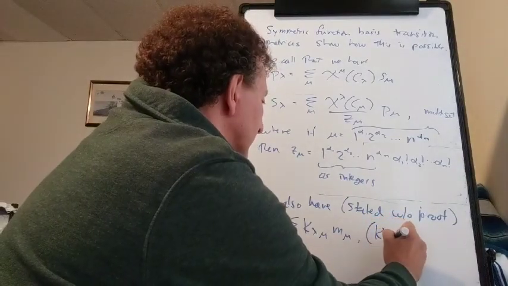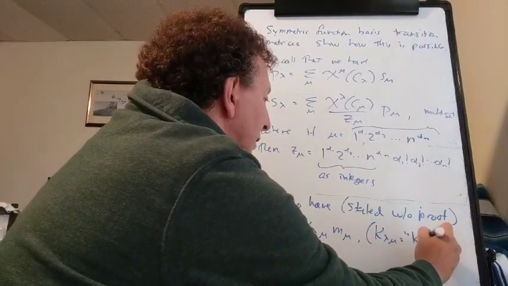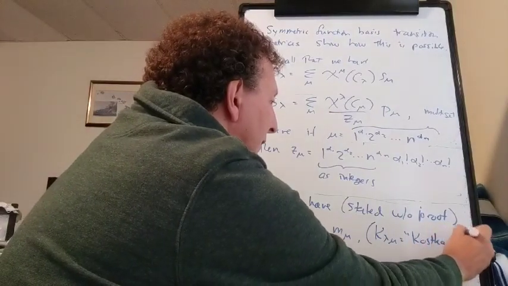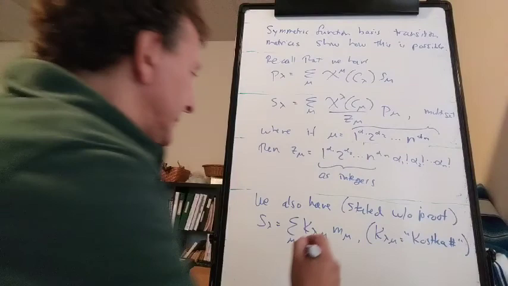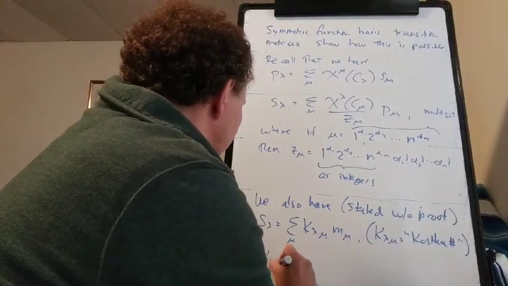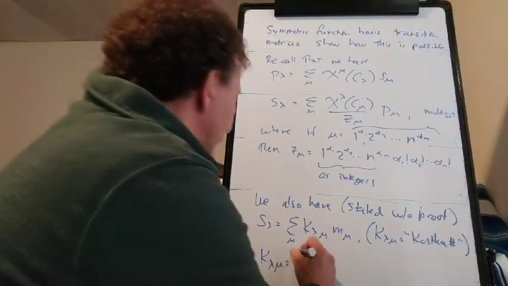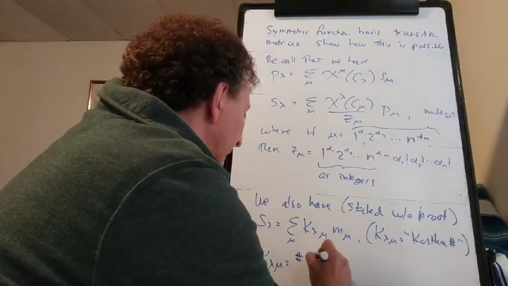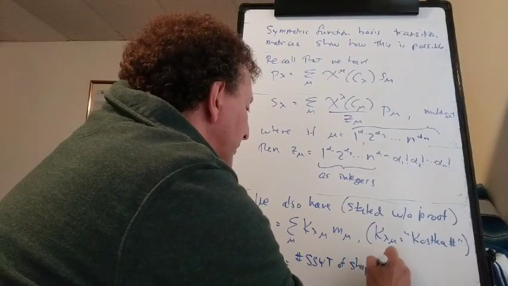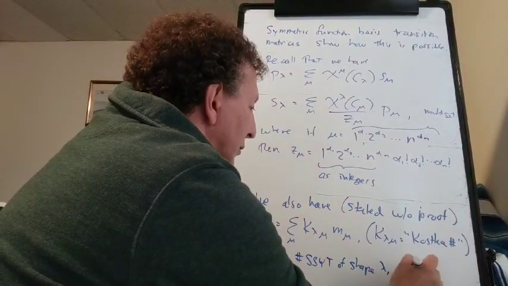So these numbers are called Kostka numbers. And K lambda mu is the number of semi-standard Young tableaux of shape lambda and content mu.